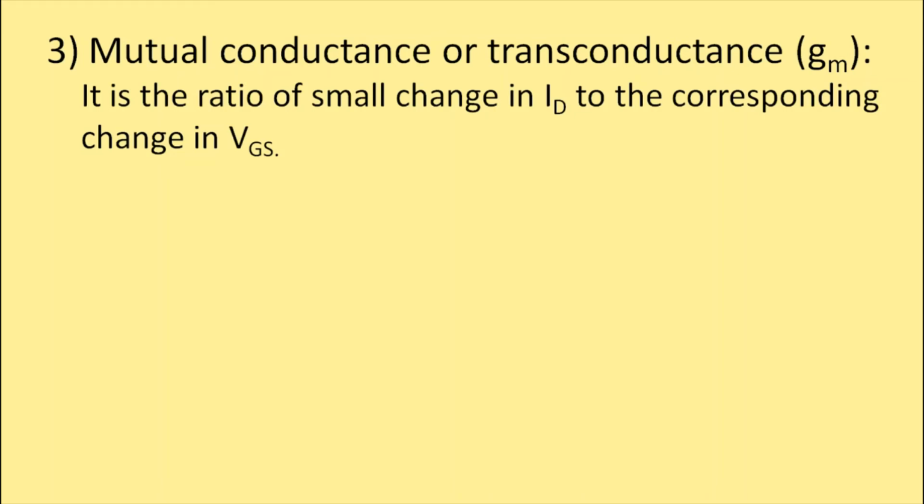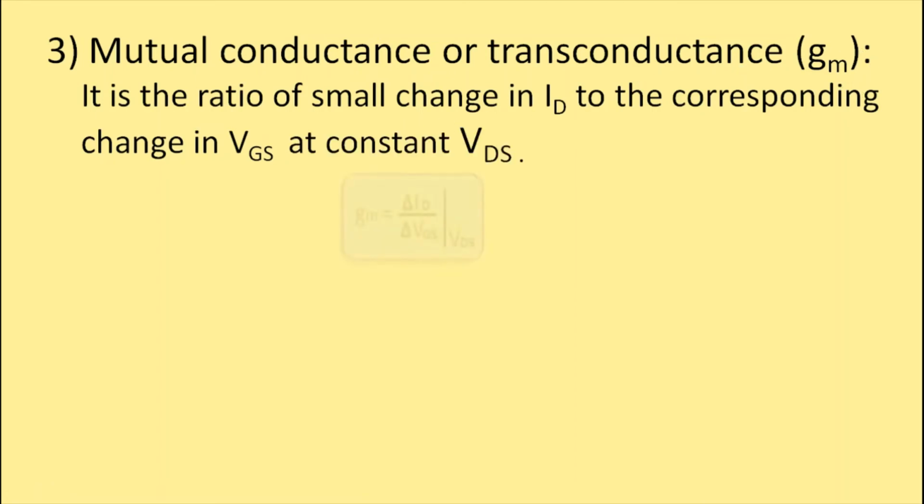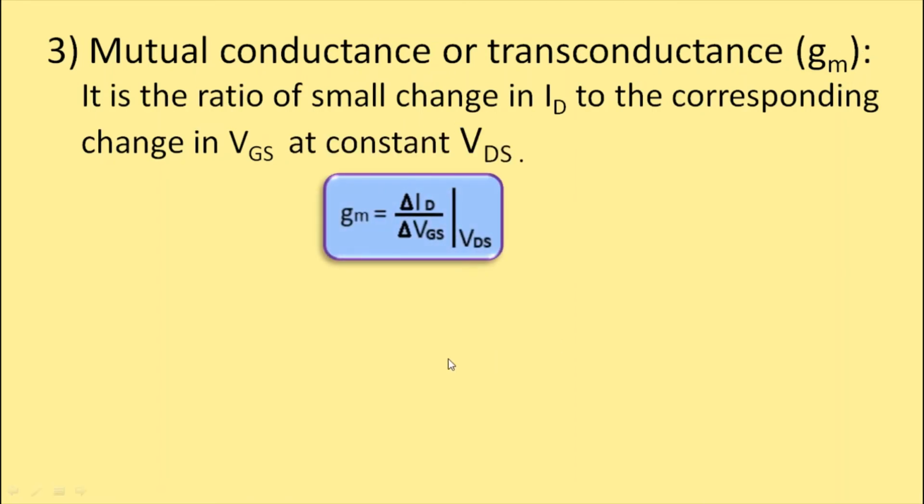The next one is mutual conductance or transconductance, represented by GM. Here again, this is the representation in terms of AC. And the formula is given as GM is equal to delta ID by delta VGS at constant VDS.